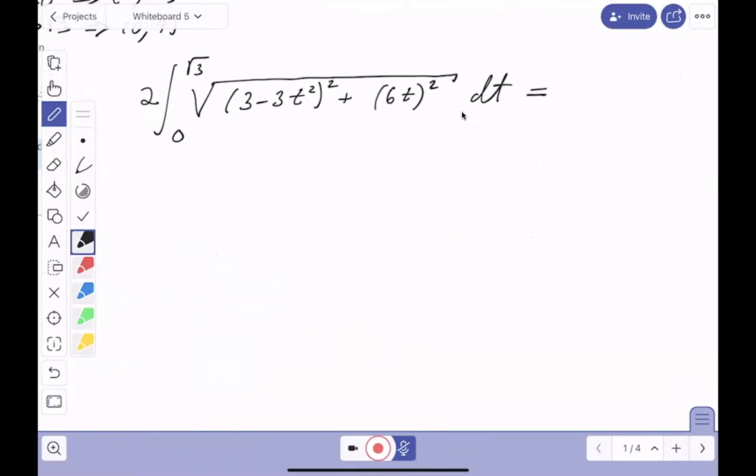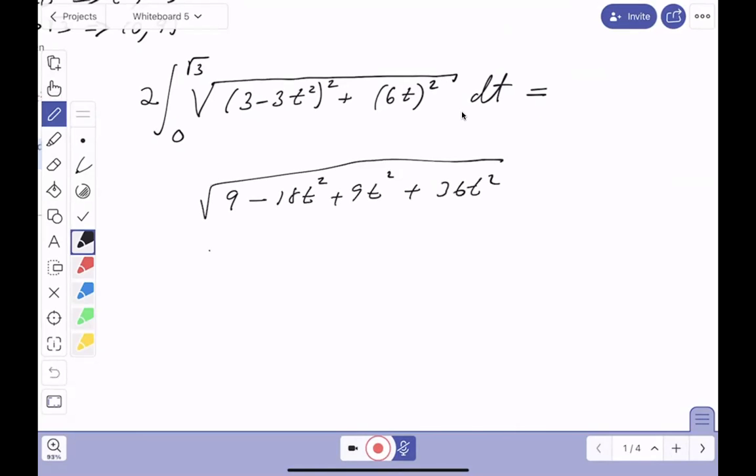I'm doing the radicand of the integrand now. So it's going to be 9 minus 18t squared plus 9t to the fourth plus 36t squared.